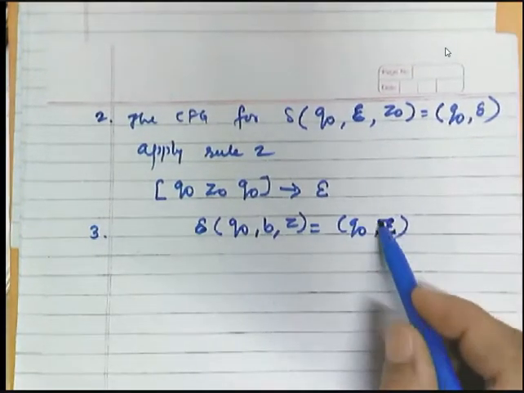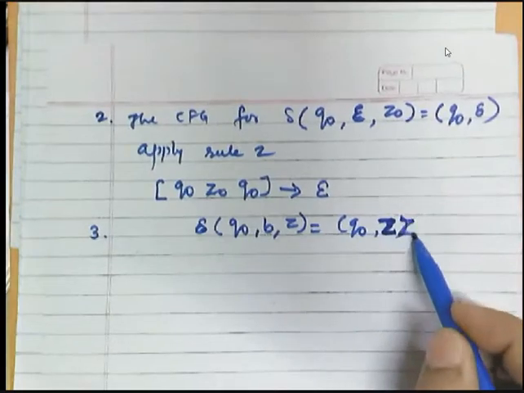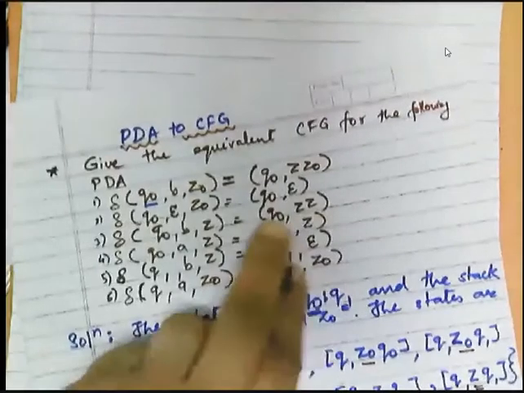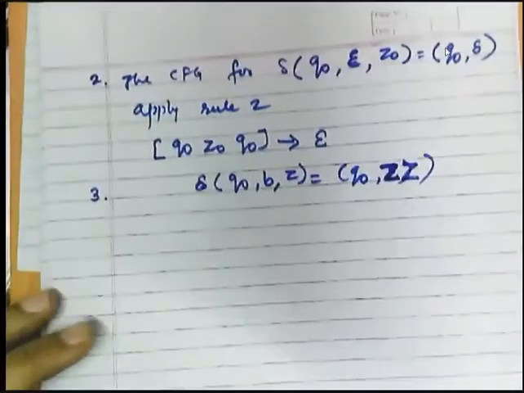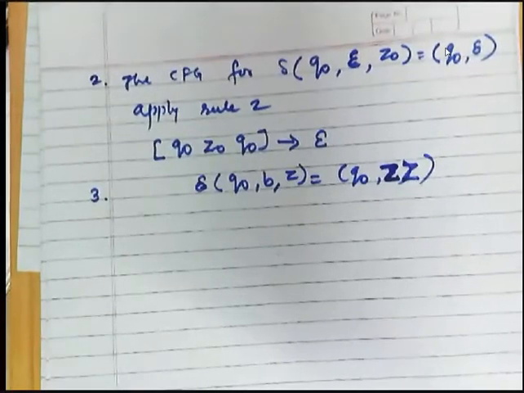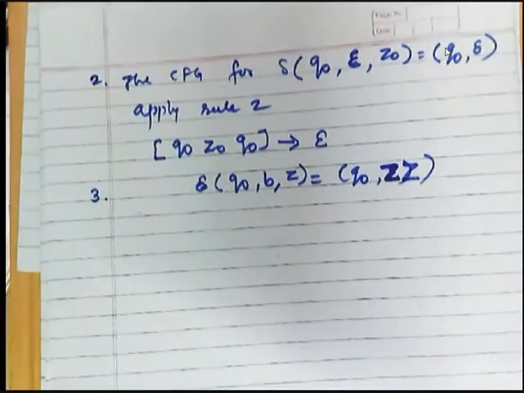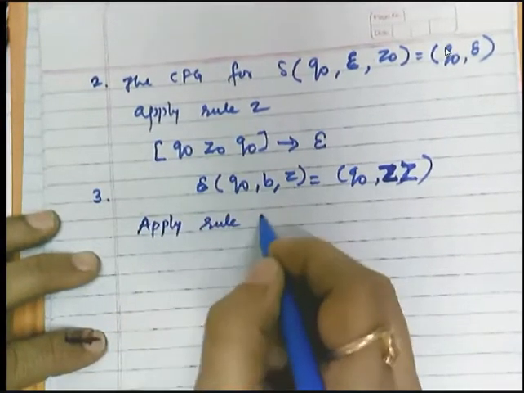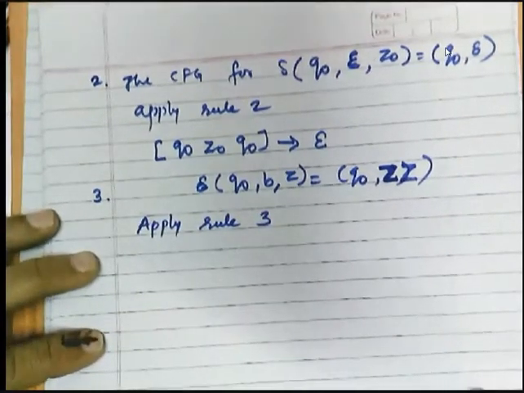Sorry, it will be Z Z. This is our rule 3. Q0 ZZ. If this is a rule, which rule will be applied? Rule 3 will be applied. So applying rule 3, what will you get?